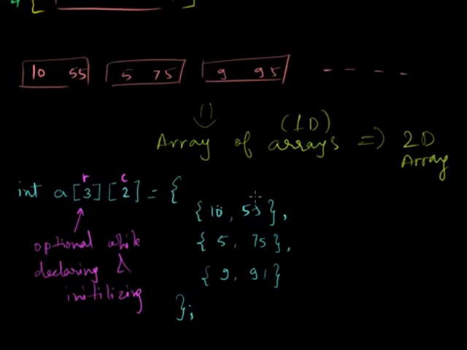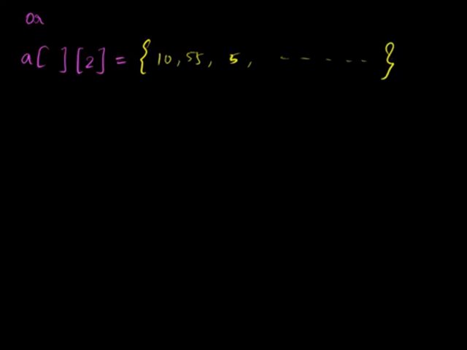Okay, another way of declaring and initializing an array is like this. Let's this time leave the rows optional. So array A2 is equal to, then straight away initialize the elements like a 1D array, and so on.